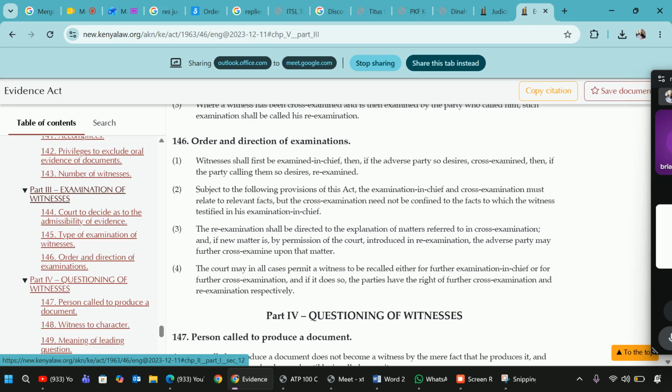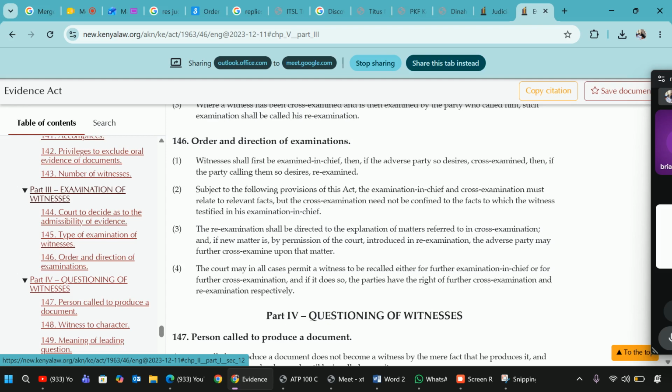Okay? So let me first repeat that part. Subject to the provisions of this Act, the examination in chief and cross-examination must relate to relevant facts. But the cross-examination need not be confined to the facts to which the witness testified in his examination in chief. The re-examination shall be directed to the explanation of matters referred to in cross-examination.